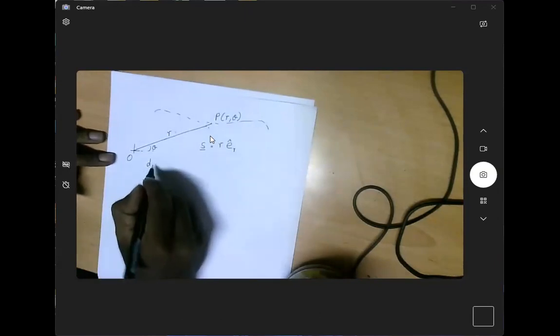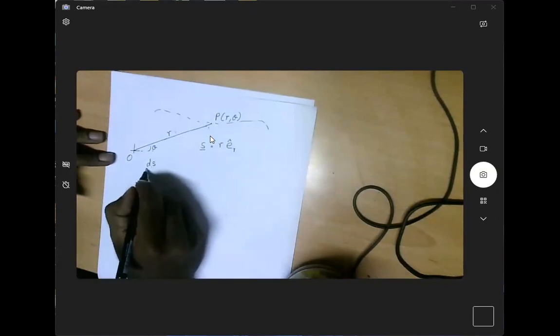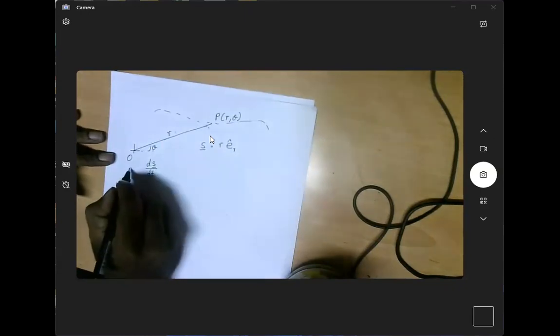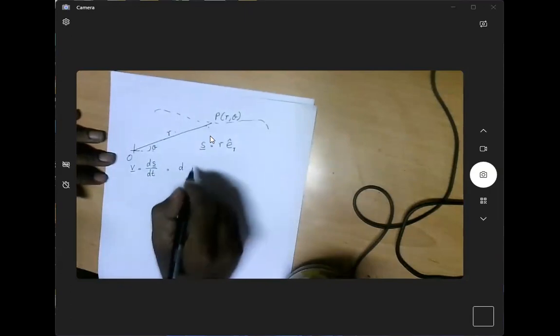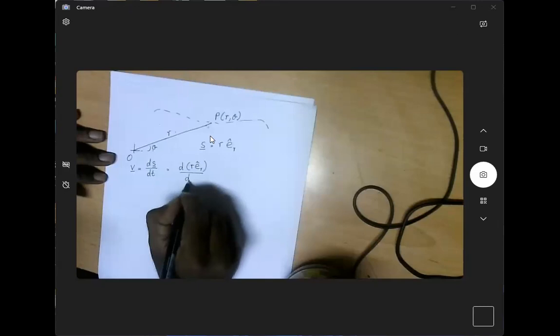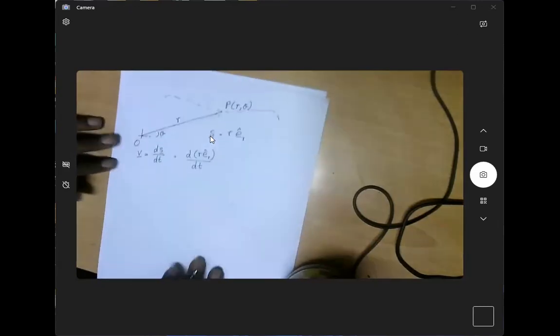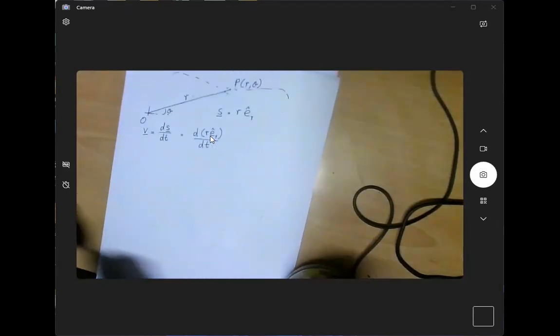Then you need to find the time derivative of this position vector to get the velocity. That means you need to get d of r e_r over dt. So do this one carefully, applying the basic rules of differentiation, and tell me the answer.